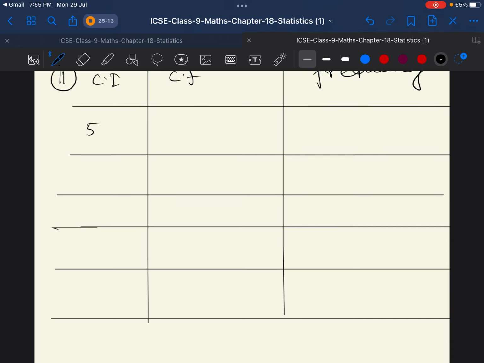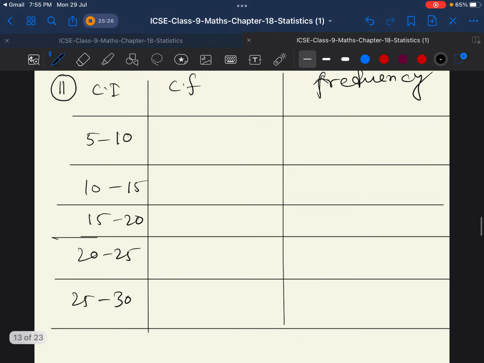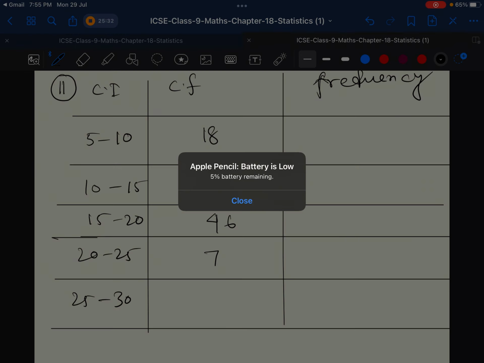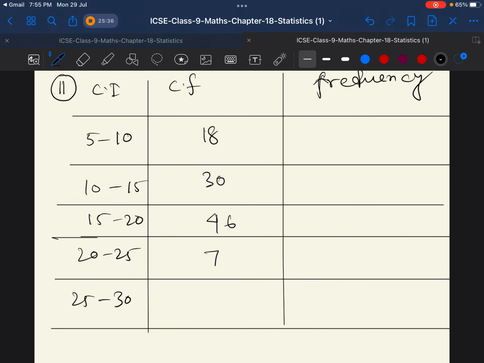Here you see the table is 5 to 10, the class interval 10 to 15, 15 to 20, 20 to 25 and 25 to 30. So cumulative frequency is here 18, 30, 46, 73 and 90.